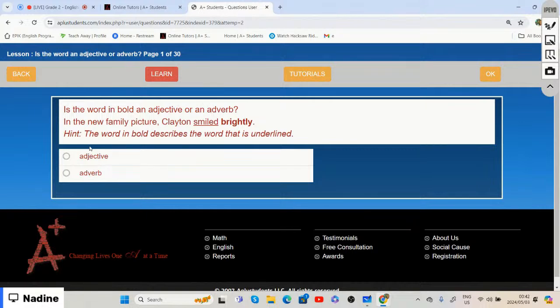So now we are going to this question. It says, in the new family picture, Clayton smiled brightly. So smiled brightly, is this an adjective or an adverb?